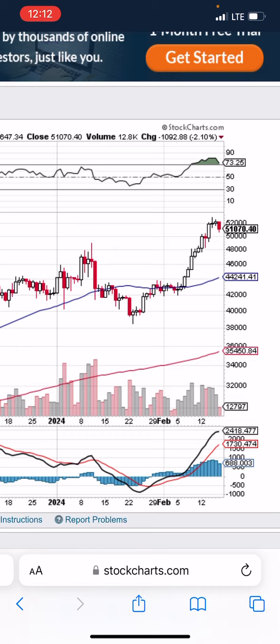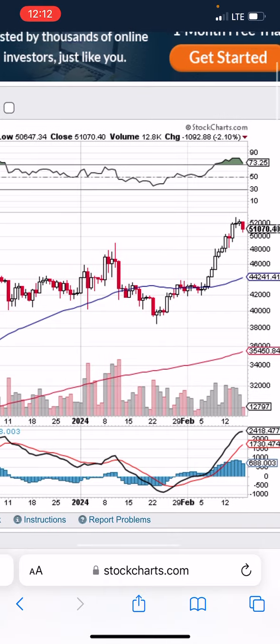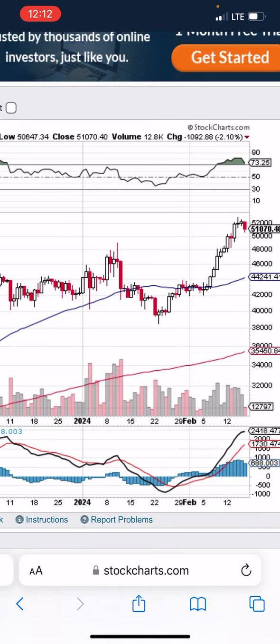But with the introduction of the exchange traded product, or the ETF, which is what people call it, which is actually the incorrect term for it, it is actually called an ETP. With that introduction, they will get inflows of cash where they have to allocate to Bitcoin.